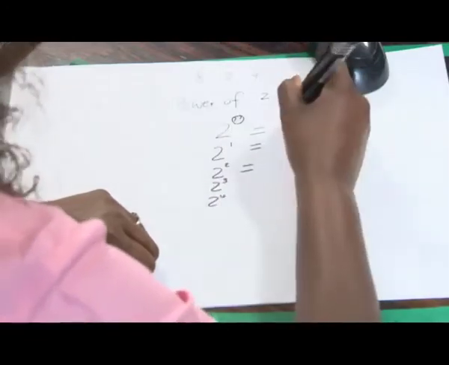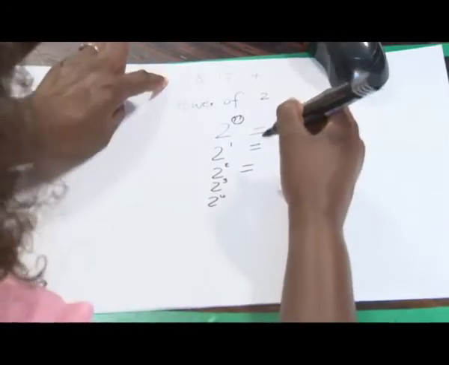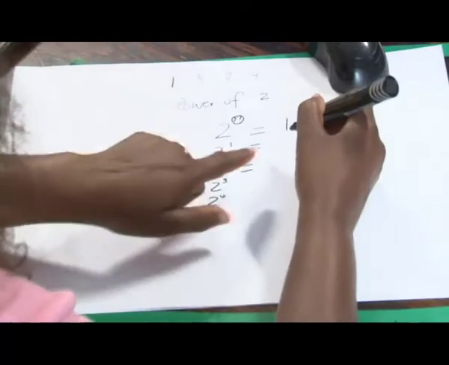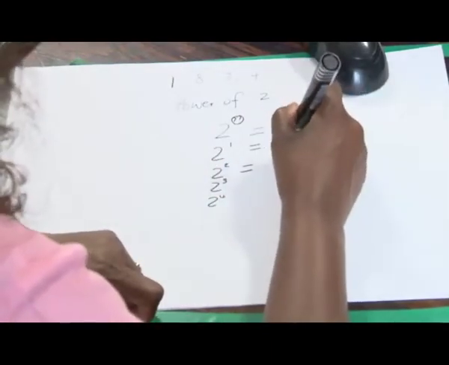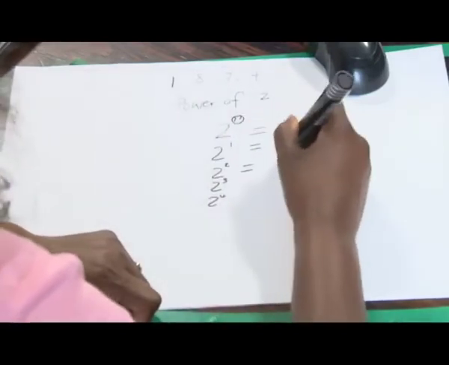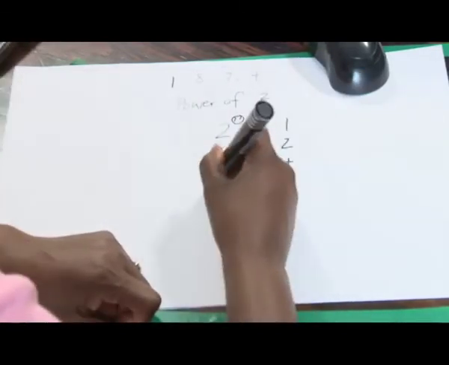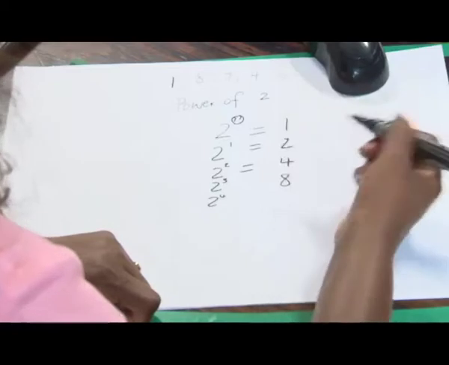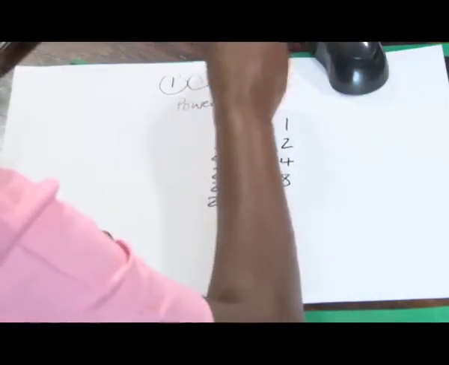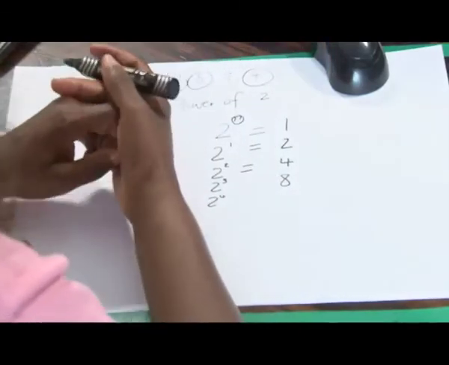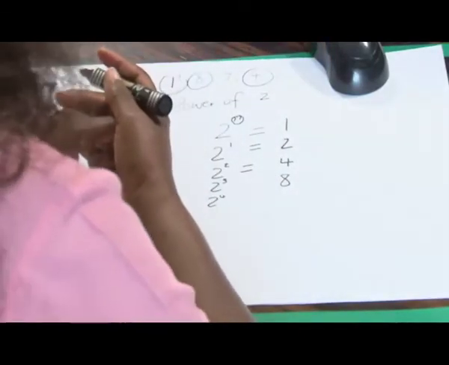2 power 0 is 1. Meaning if 1 is in the list, 1 is a power of 2. 2 power 1 is 2. 2 power 2 is 4. 2 power 3 is 8, and so on. So you can see that 1, 8, and 4 are all powers of 2.